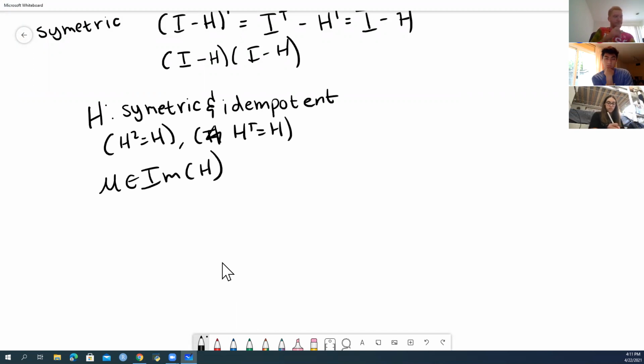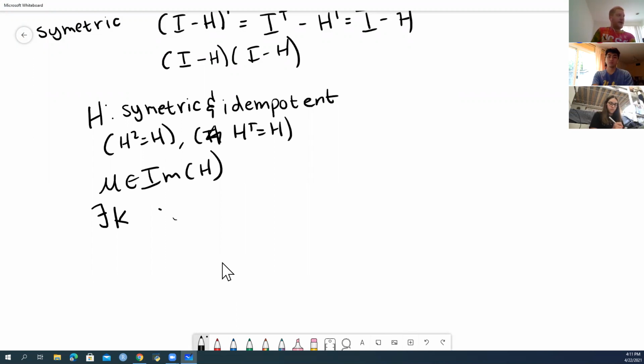Okay, so what does that mean? That means that there exists some vector, I'll just say V. Actually, I think they use V earlier in the problem. Let's use W. It looks too much like mu. K, that's a fun one.